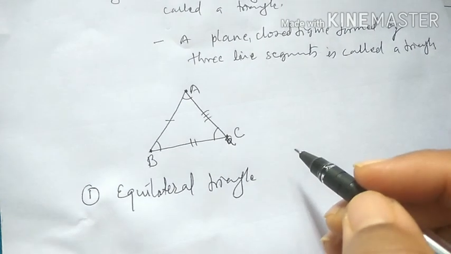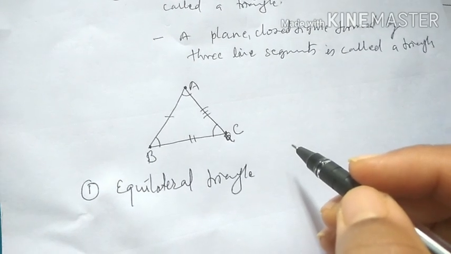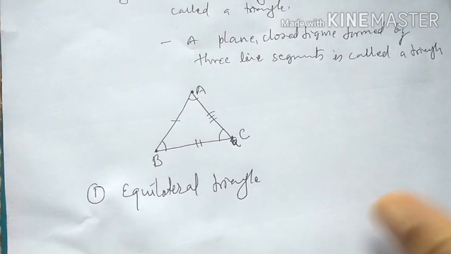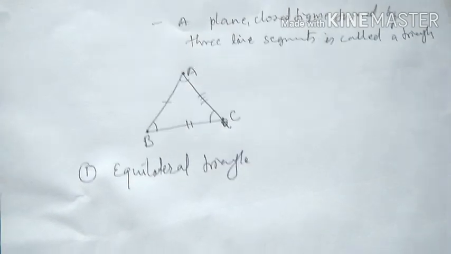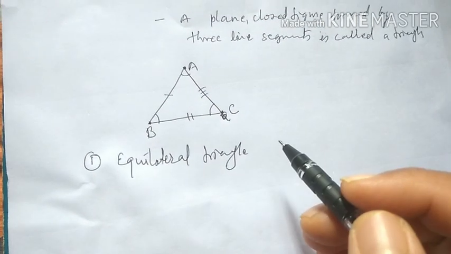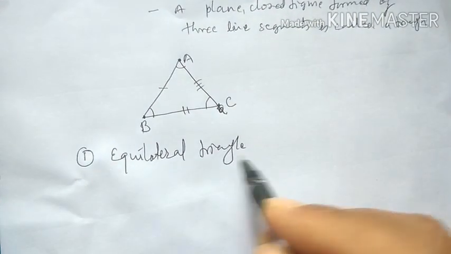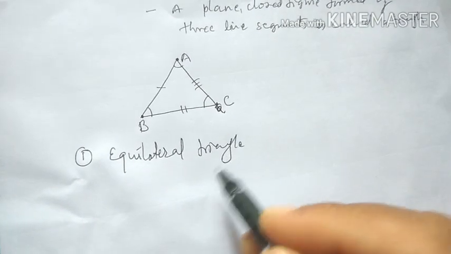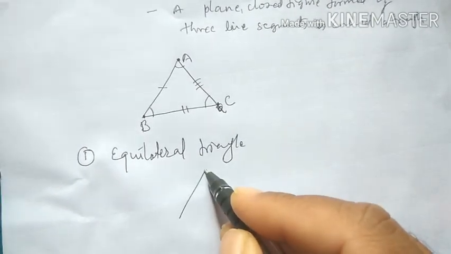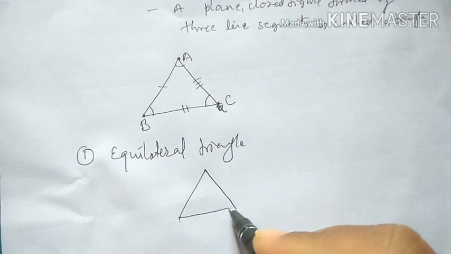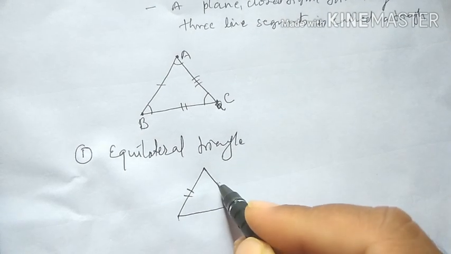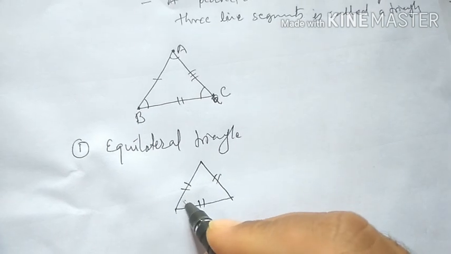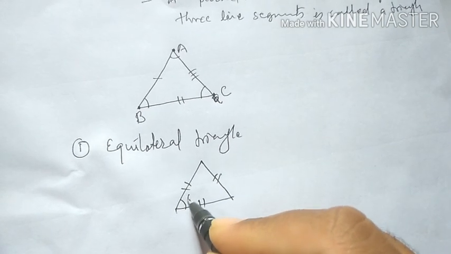A triangle whose all the sides are equal is called an equilateral triangle. We have already learned this in previous classes; here we are discussing it only for revision purposes. A triangle whose all three sides are equal in length is called an equilateral triangle. And we know that each angle of an equilateral triangle is 60 degrees.